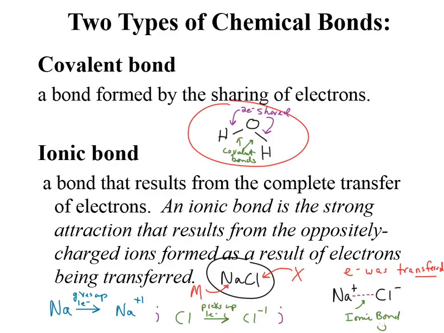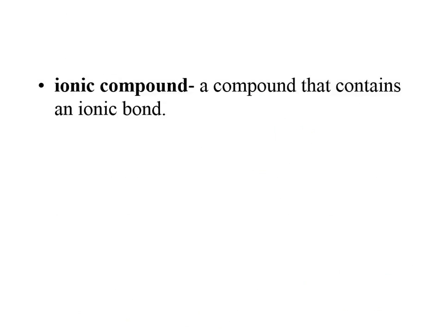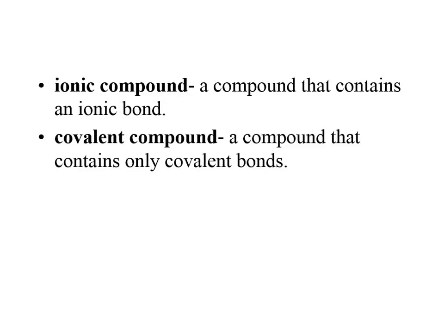All right. Cool. One last thing before we go. Let's add one more thing to our little tally up here. An ionic compound, I almost think of this type of contamination.